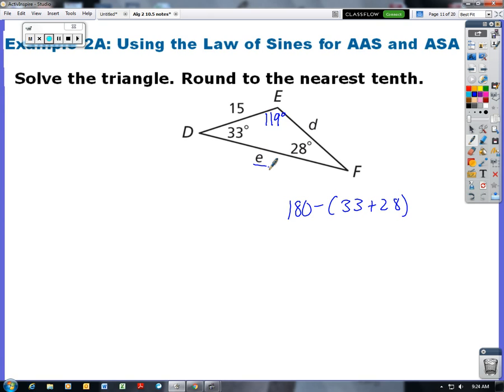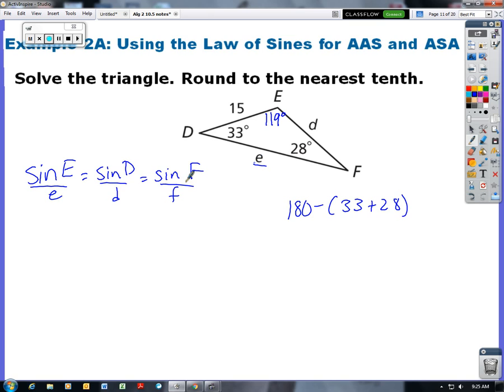Now with your law of sines, let me write it down again. In our case, we have D, E, and F, so it's going to be sine of angle E over little e equals sine of angle D over little d equals sine big F over F. Notice that I know my angles, but I want to find my sides. I like to have my unknown in the numerator.